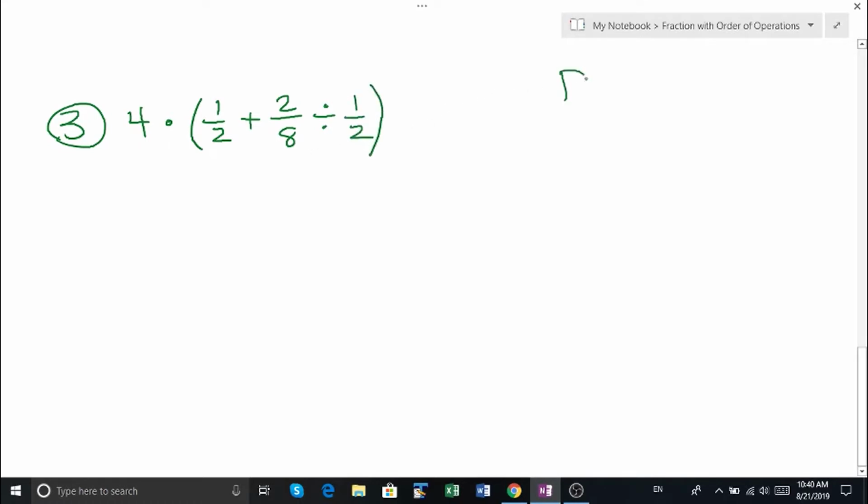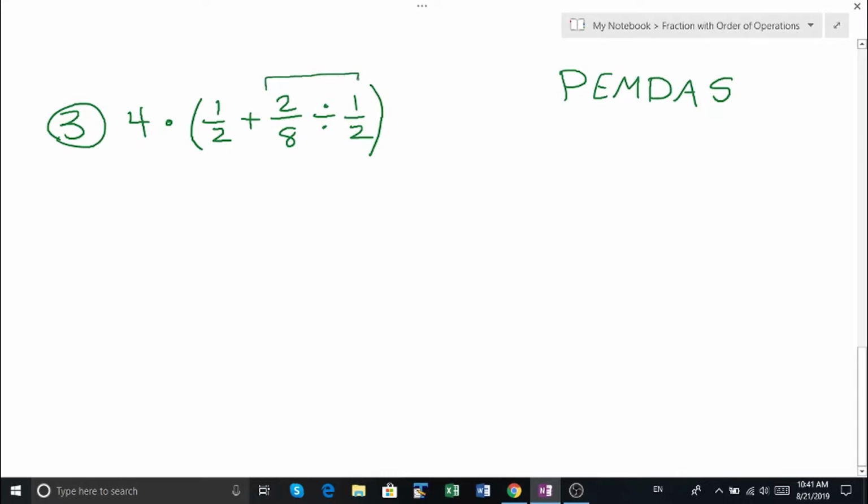All right, and PEMDAS for reference. All right, so we have parentheses, so we want to start inside the parentheses, but inside of our parentheses, we also have a plus and a division, so we have to decide which one to do first. All right, and so now we can see here that we should do the division first.